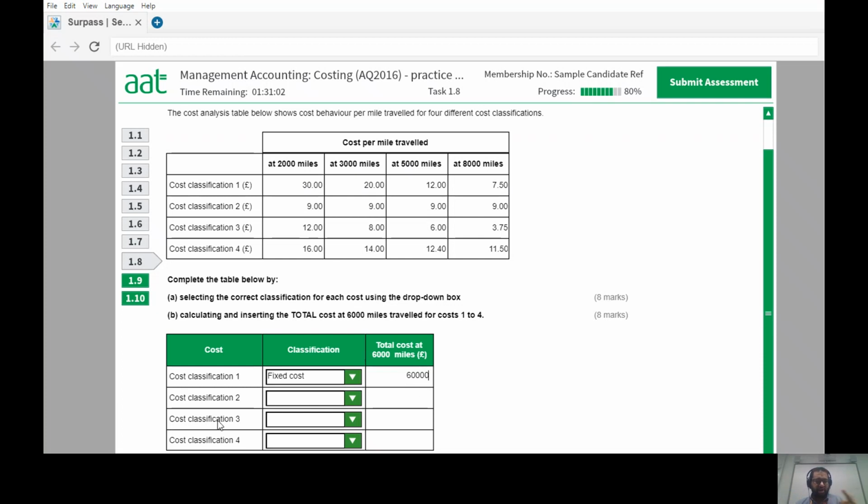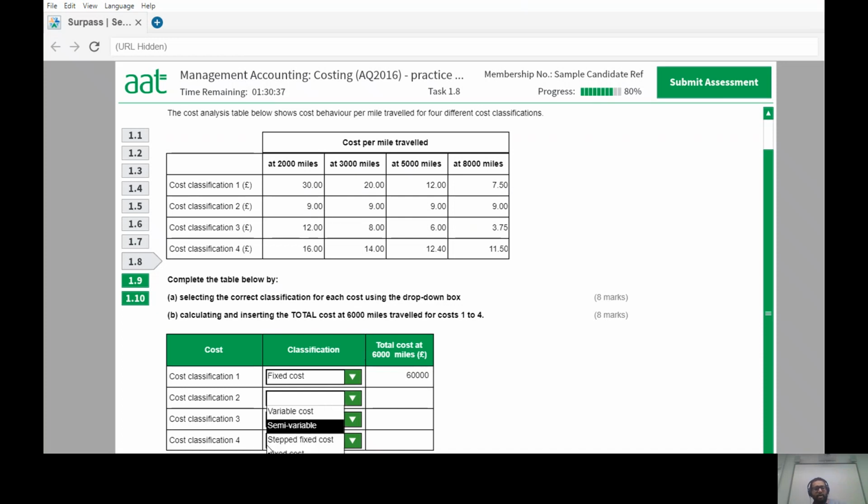Now let's look at the second cost classification. Here, 9 pounds throughout, per unit cost hasn't changed. So what is the classic example of that? The variable cost. The per unit cost doesn't change at all. At any level of production, each unit will still cost you the same amount, but the total cost will keep on increasing.